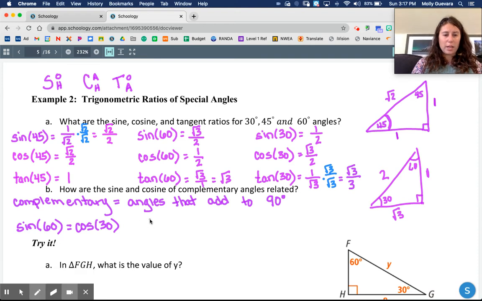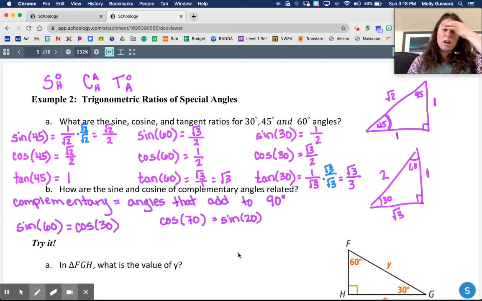And that will always be the case, right? Like cosine, I'm just going to start making up numbers. Cosine of 70 is going to be equal to sine of 20 because 70 and 20 are complementary. And so it's going to be opposite there. Sine of 40 equals cosine of 50 or whatever, right?